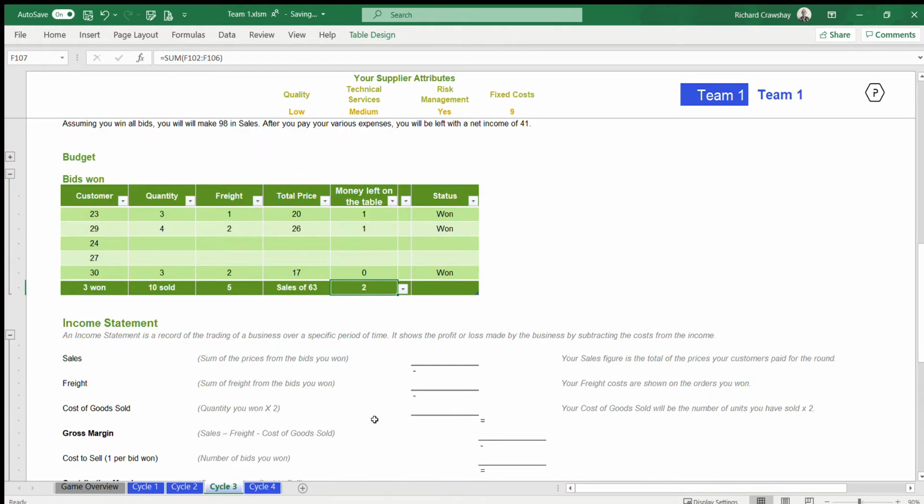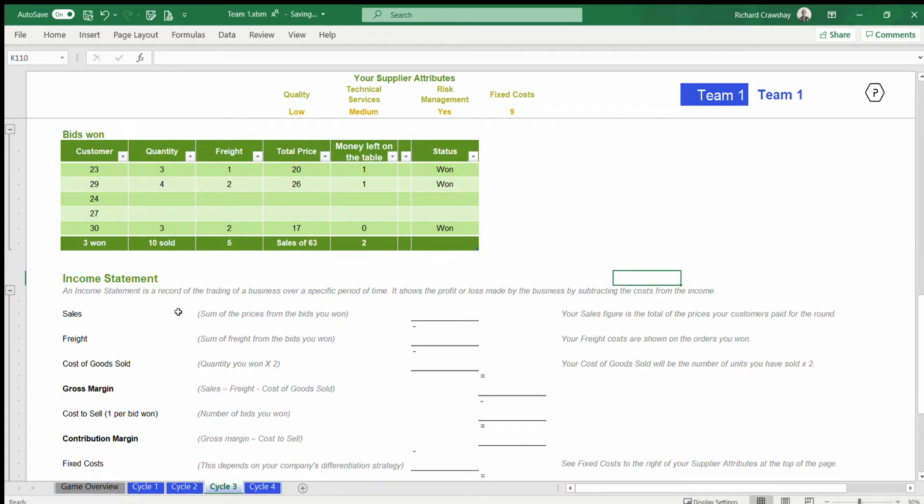Good, now that we've completed that, we can complete our income statement. The sales total is 63, so we can put that in now. The total freight charge is 1 plus 2 plus 2, that's 5.